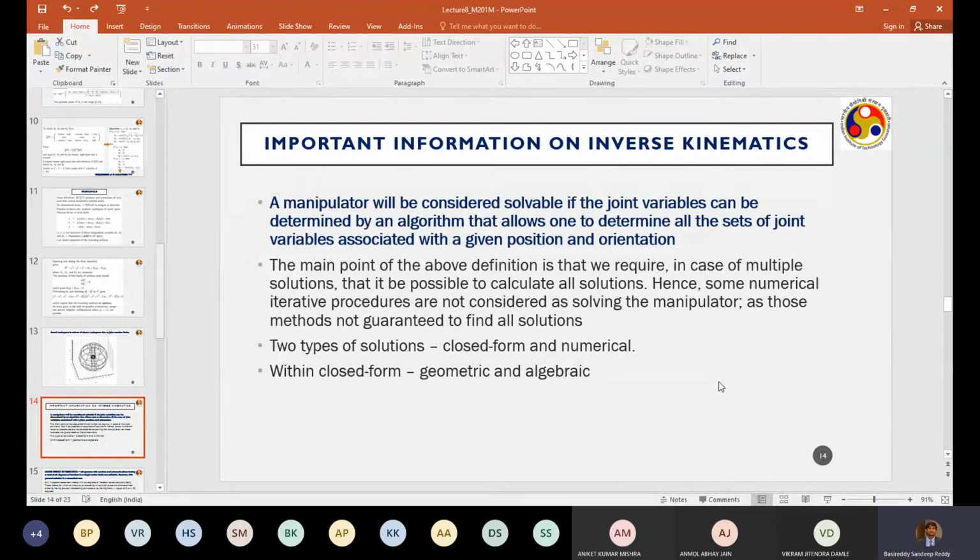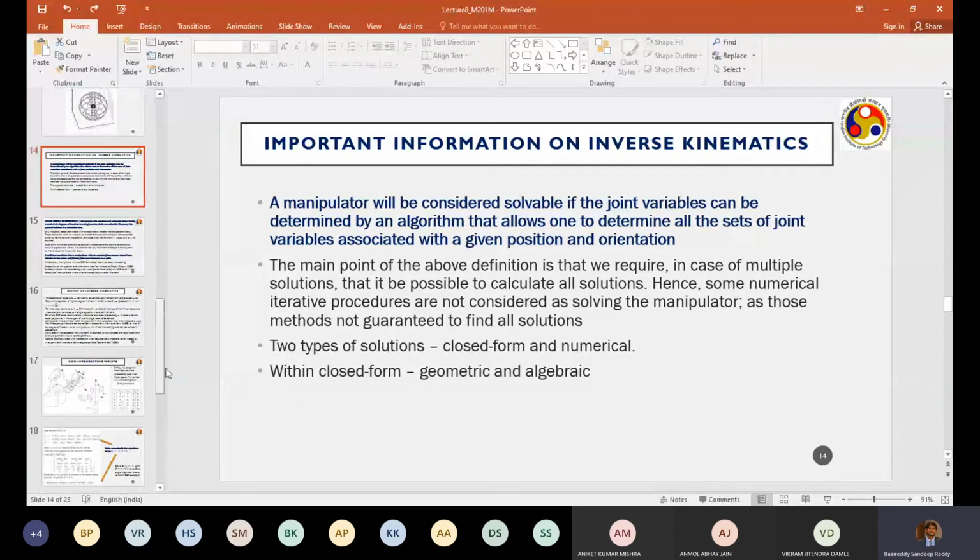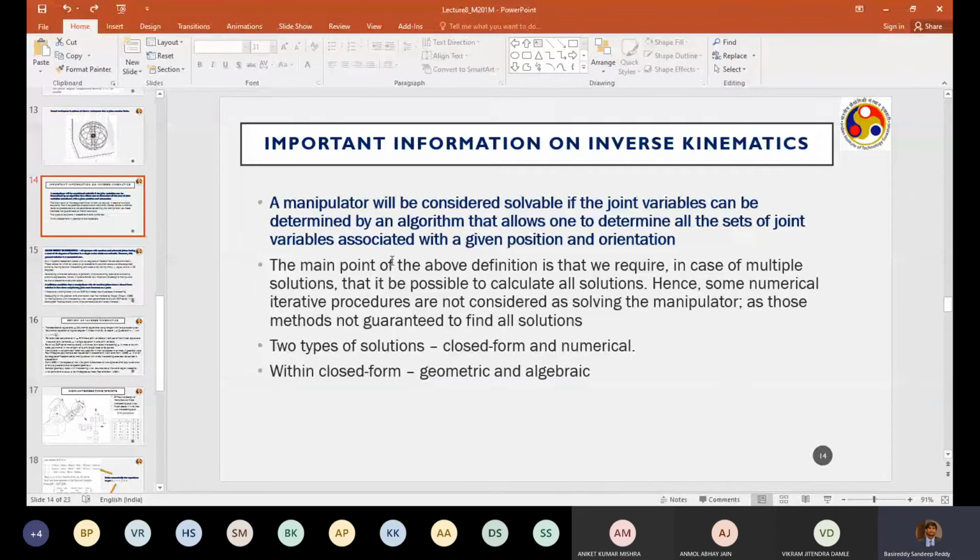Yeah, so I'll just finish with some observations on inverse kinematics before moving on to the next part. A manipulator will be considered solvable if the joint variables can be determined by whatever algorithm we have, so that we can get the whole set of joint variables for a given position and orientation.